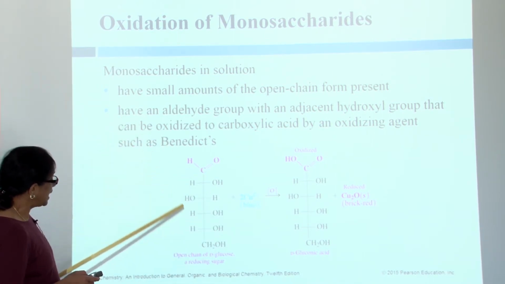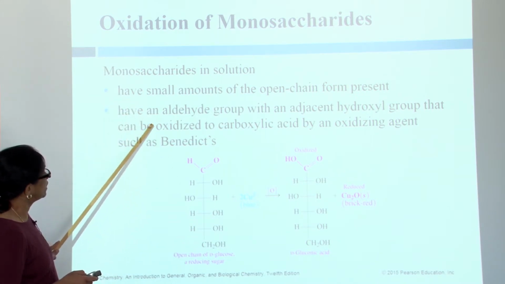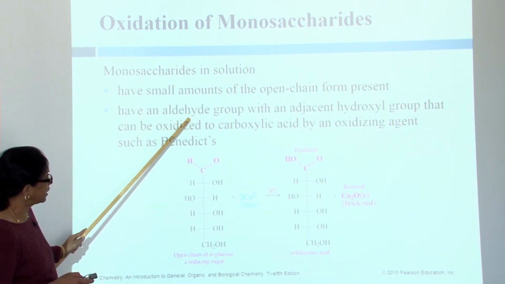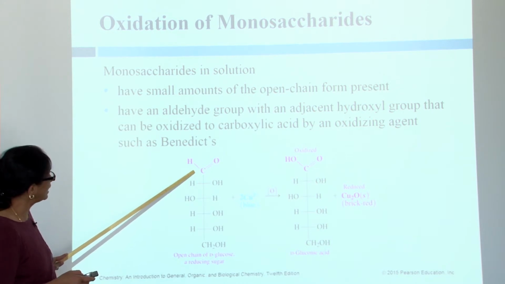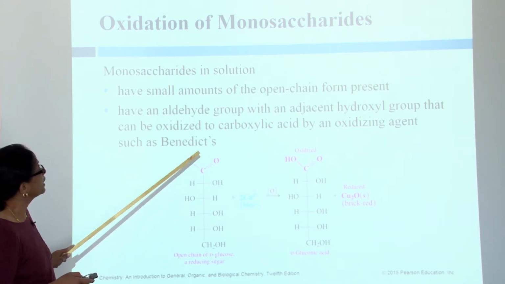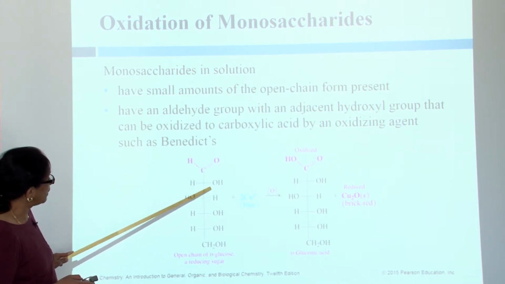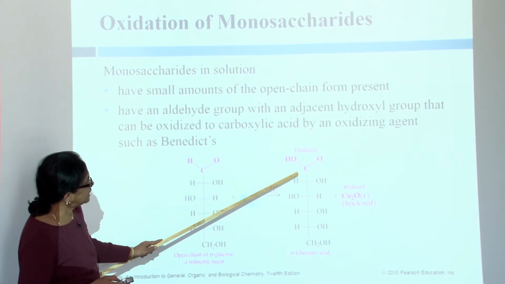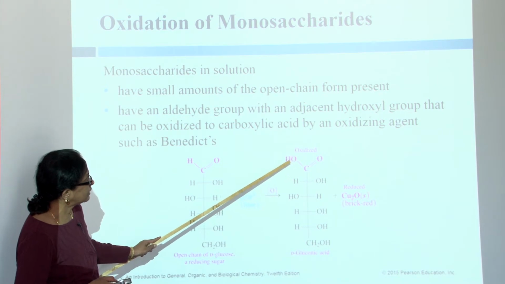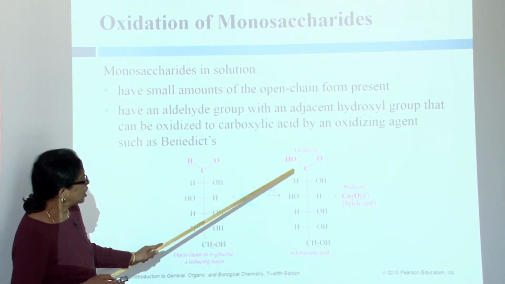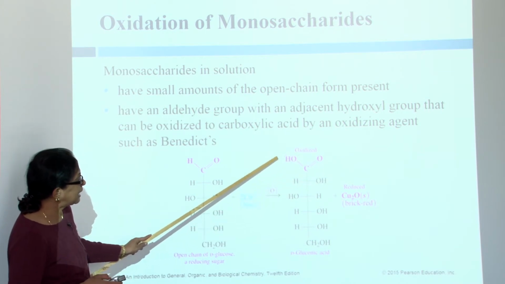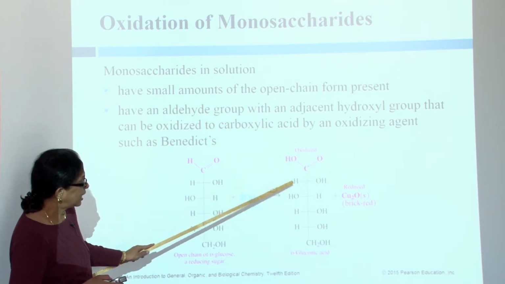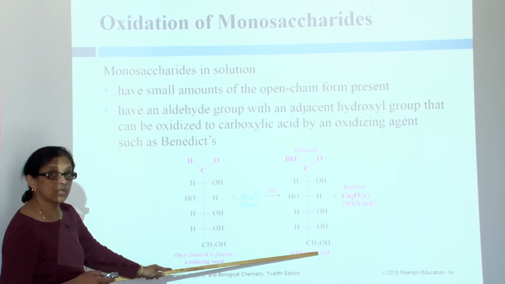So in a monosaccharide with an aldehyde group, glucose, with an aldehyde group in the open form and a hydroxyl group adjacent to the carbonyl group, you can oxidize that molecule. Oxidation, addition of oxygen, gives an acid. This functional group, C double bond O, OH, is an acid functional group.